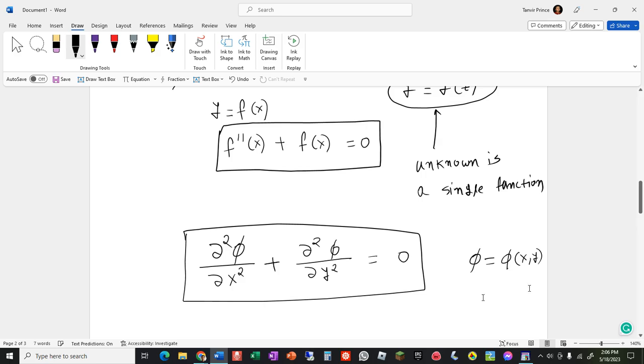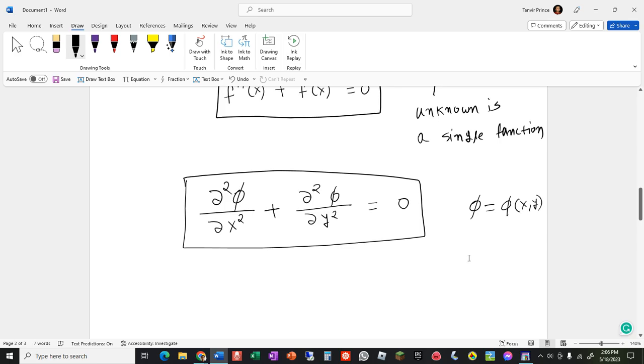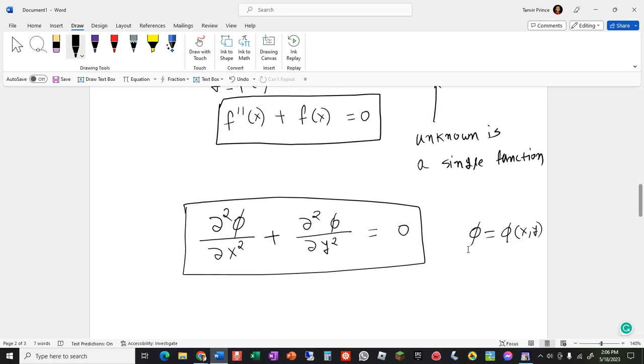So this is now calculus 3, where you learn about multivariable functions. We're looking for all two variable functions so that the second partial derivative of phi with respect to x twice, added to the second partial derivative of phi with respect to y twice, when added up, gives 0.